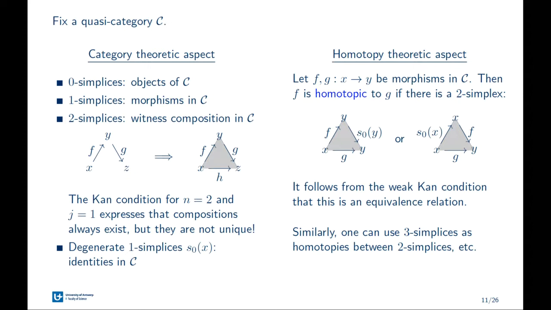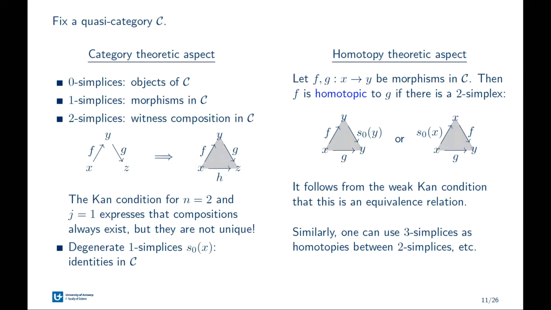So basically, the two simplices play the role of a homotopy between morphisms like this. And then it follows from the weak Kan condition that this is actually an equivalence relation. So in a general simplicial set, this homotopy relation doesn't have to be an equivalence relation, but in a quasi-category, it will always be. So we get a nice working notion of homotopy in that sense.